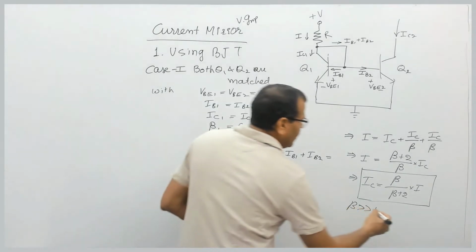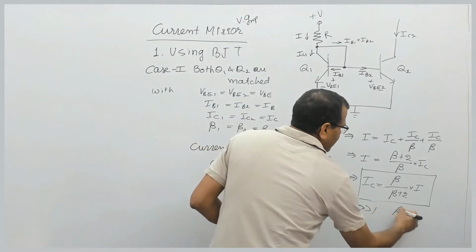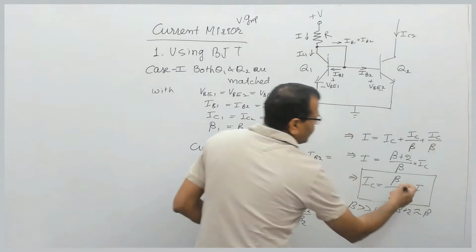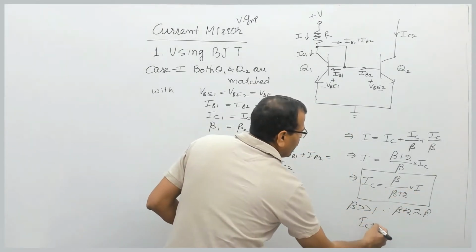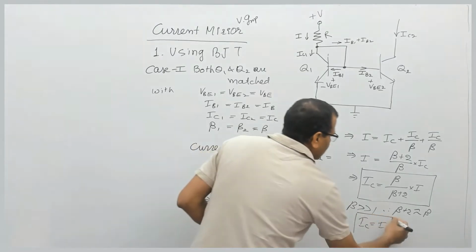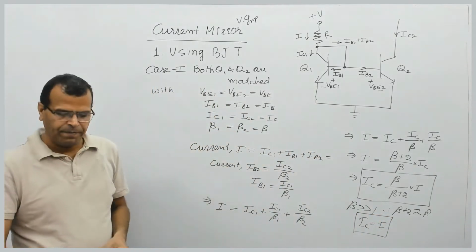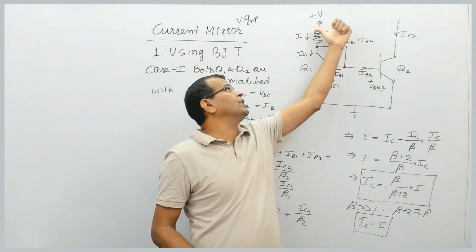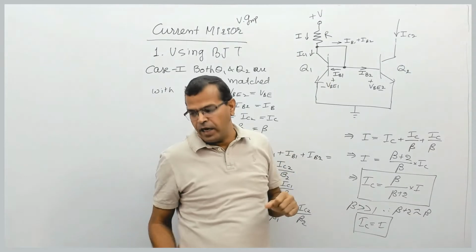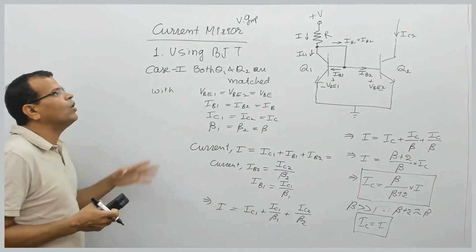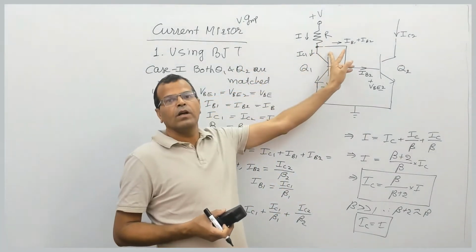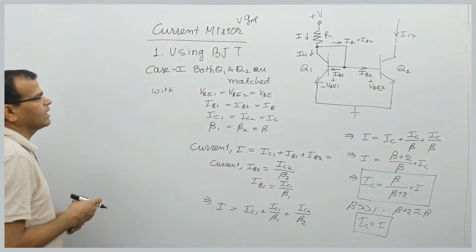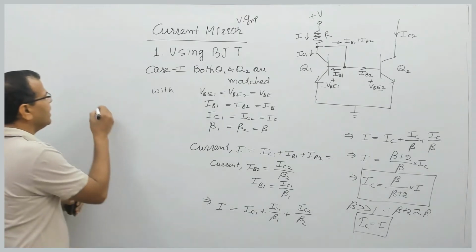Therefore, you can write beta plus 2 is approximately beta, and when it is approximately beta, IC will be equal to the same as current I. Fine. So the collector current of Q2 is the reflection, the mirror image of current I. Now the question arises, how to find current I? Let us see how to find that current. You can apply KVL here.